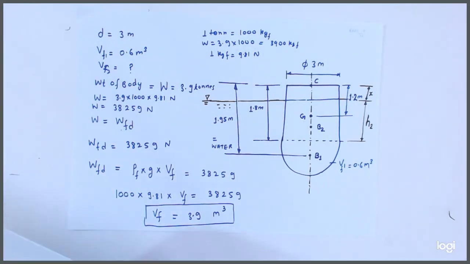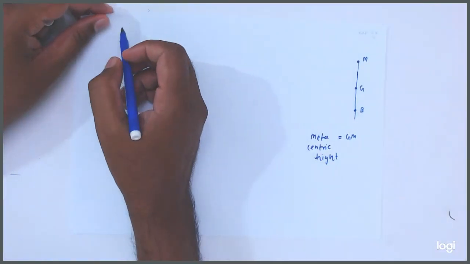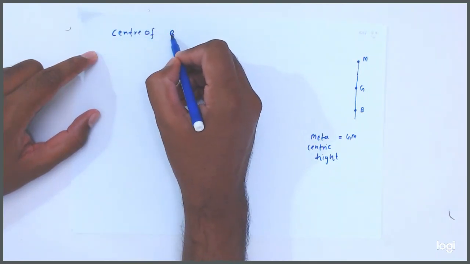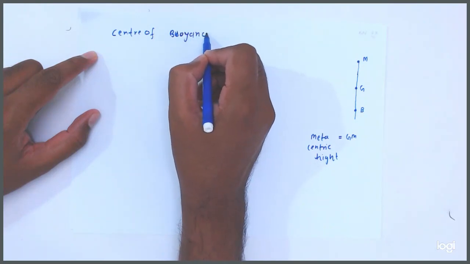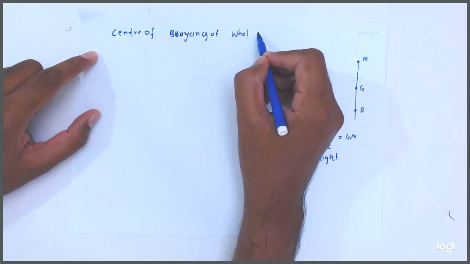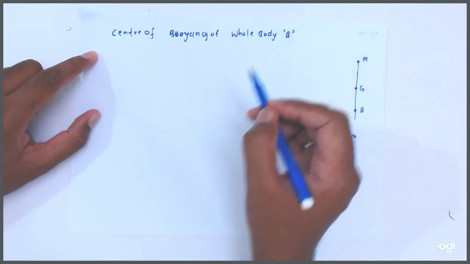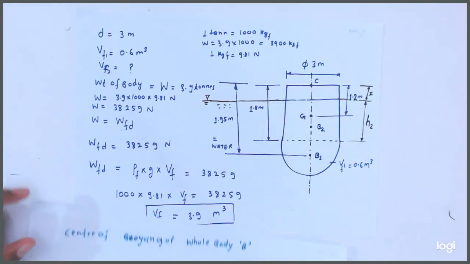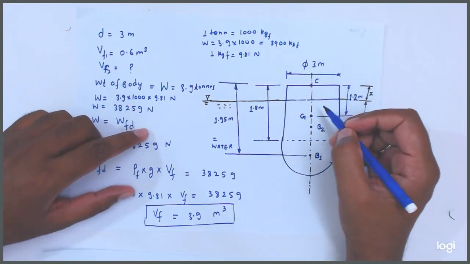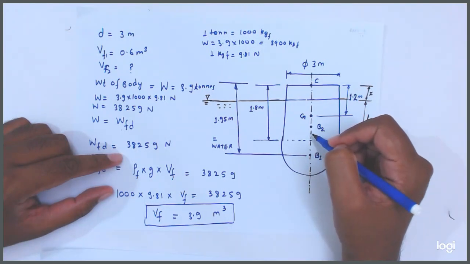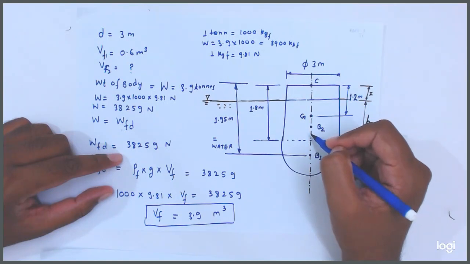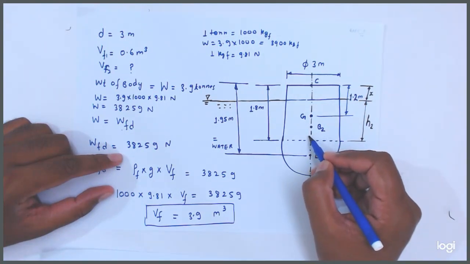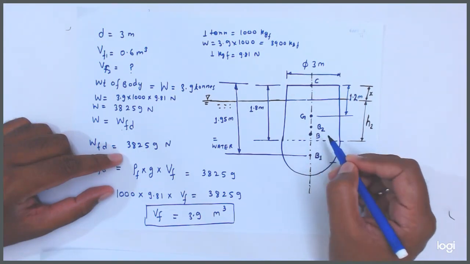So the center of buoyancy of the whole body B. Friends, how will we find it? See here. We will find it by this one. Let's suppose the center of buoyancy is coming somewhere here, at this point.